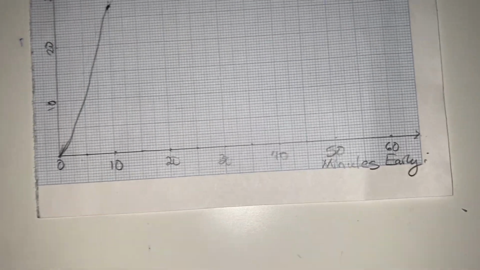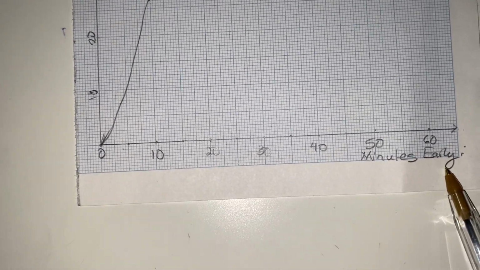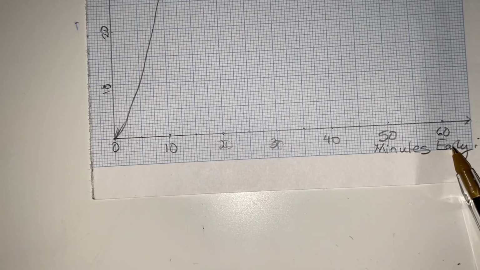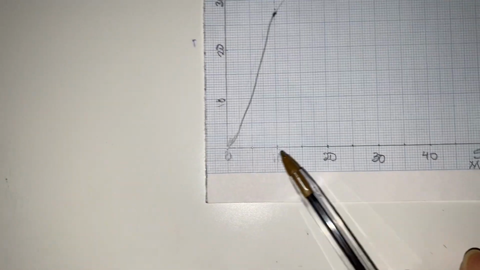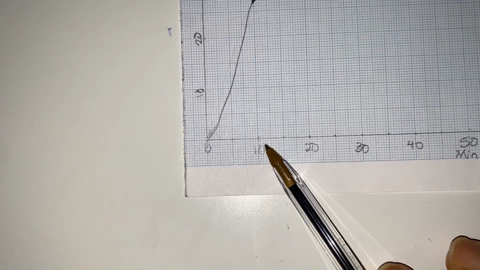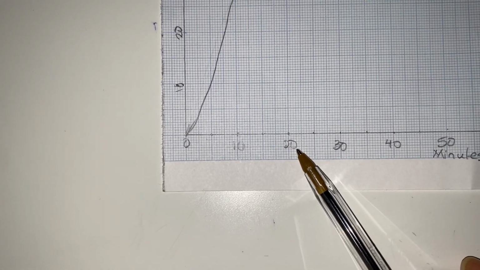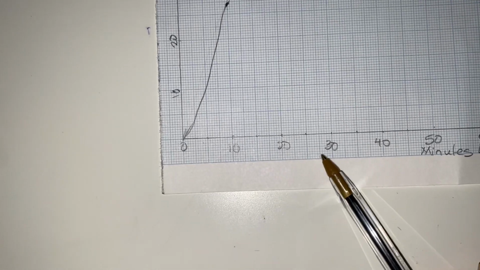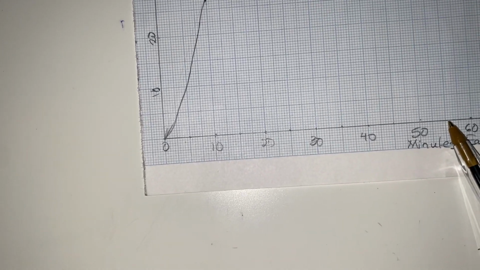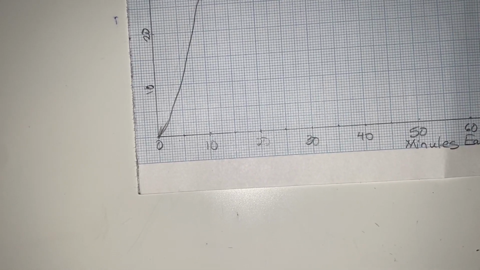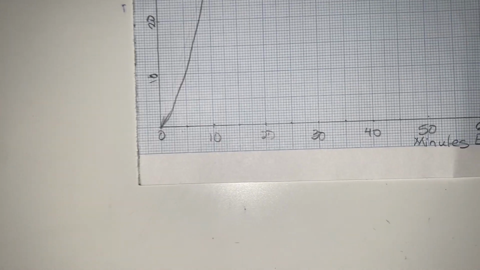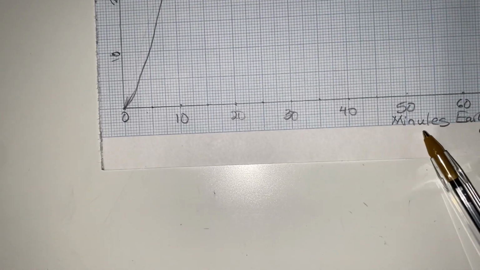On the x-axis, as you can see, minutes early, I use the upper range. So from 0 to 10, I'll plot using 10. 10 to 20, I'll use the 20. So you're using the upper limits to plot on the x-axis. Instead of writing x, you write minutes early.